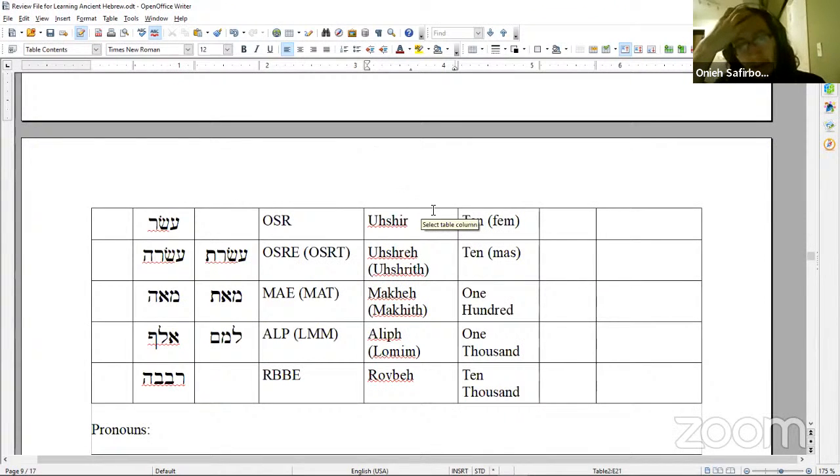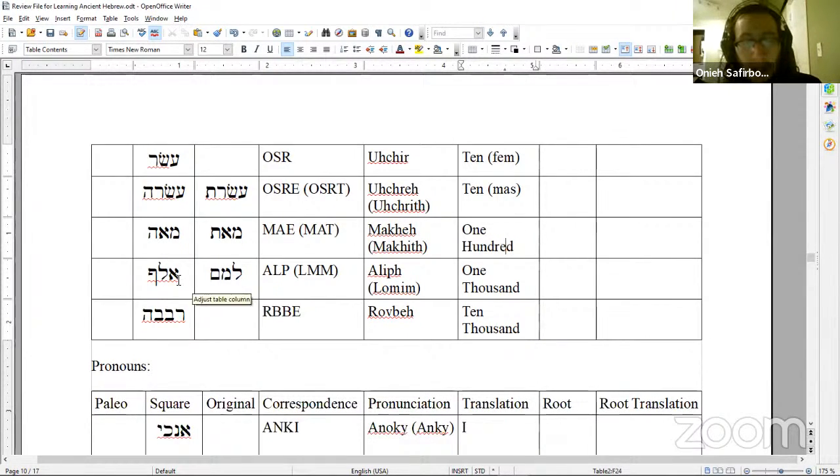Usher, feminine version of 10. Ushra, originally Ushrith. Wait, let's see. No. Okay, Utcher, originally Utra, originally Utrith. It's the masculine version of 10. And then Macha, originally Machith, is 100.